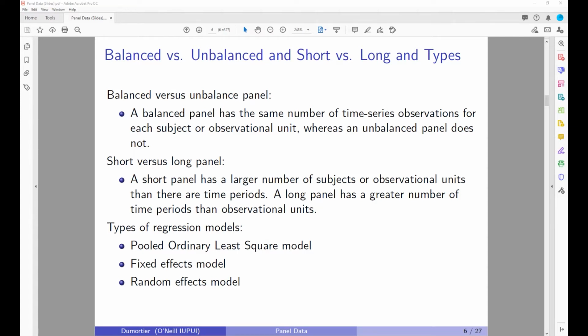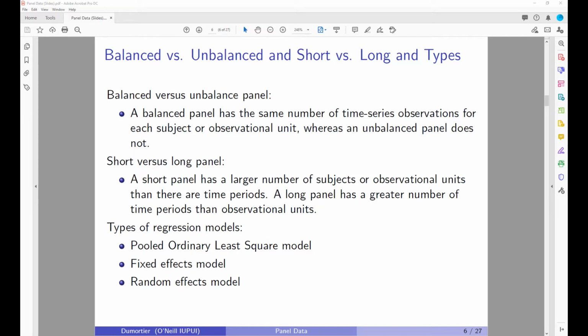As you can imagine, the problem with panel data sets is that certain people are going to drop out of the panel over time. This may be because of survey fatigue or death, for example. Now, a short panel has a larger number of subjects or observational units than time periods. A long panel has a greater number of time periods than observational units.